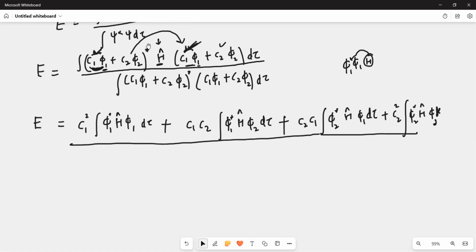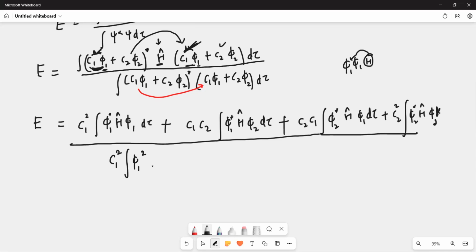Okay, now similarly solve the denominator part also. In the denominator, we do not have any operator between these two brackets. So multiply this first term with the first, you will get C1 whole square, in integration we have phi 1 square, right?